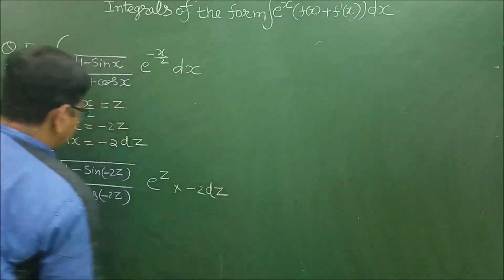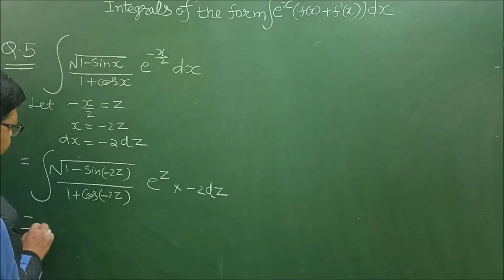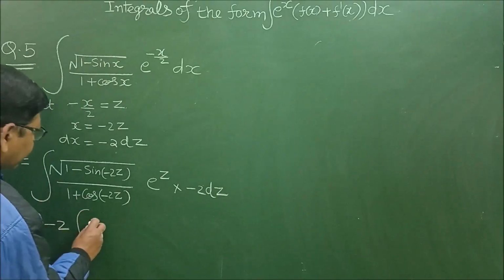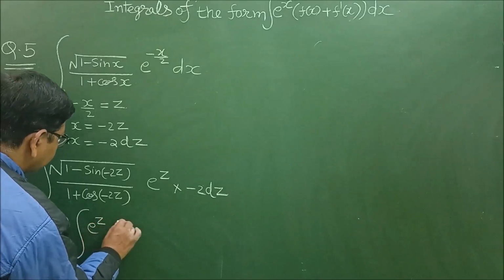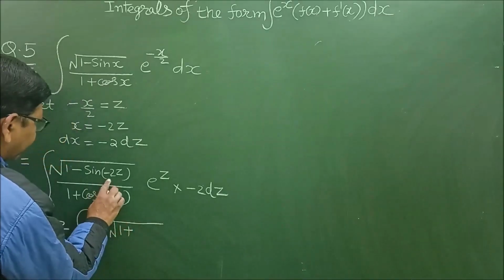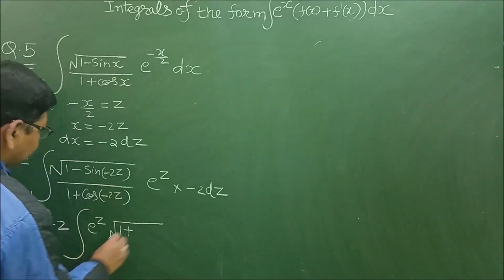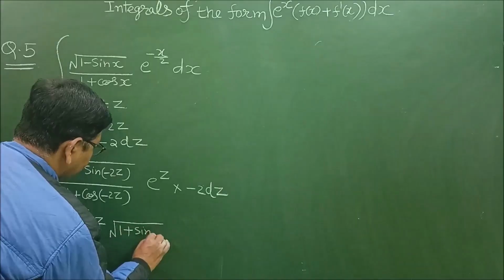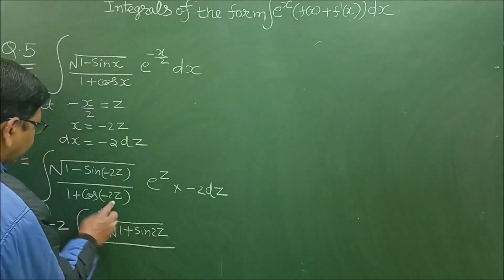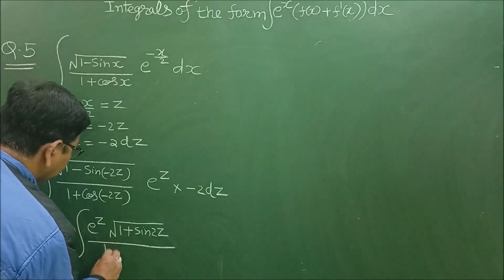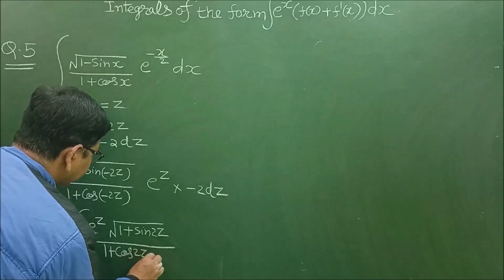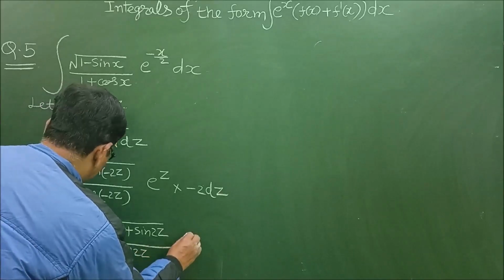So this integral now can be written as minus 2 outside, e raised to the power z under square root of 1, and sine of minus theta is minus sine theta, so it becomes 1 plus sine 2z upon, cos of minus theta is cos theta, so 1 plus cos 2z, and dz.